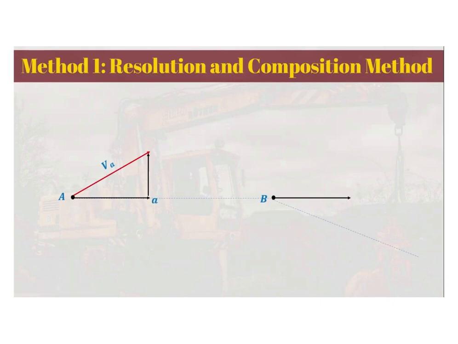Then the next step is for you to draw a perpendicular line at the head of that component. So this component now is the horizontal component of the velocity of B. And this component that is perpendicular to that line is the vertical component of the velocity of B. And we all know that the velocity of B is moving in this direction, such that our velocity of B is finally, as you can see there.